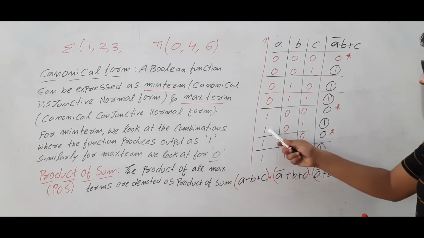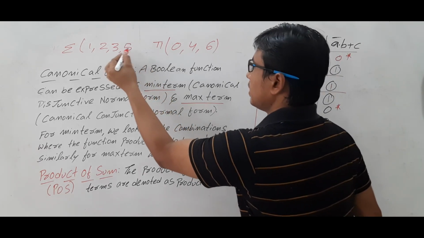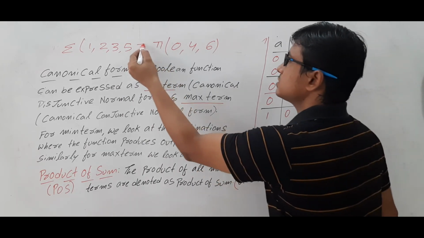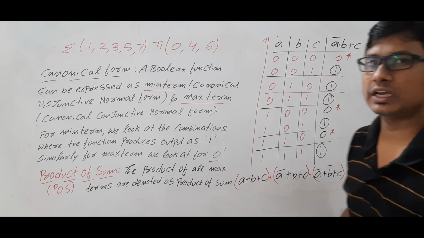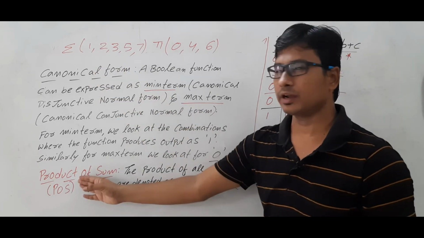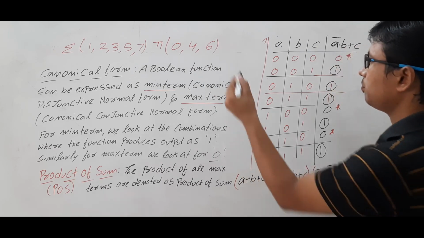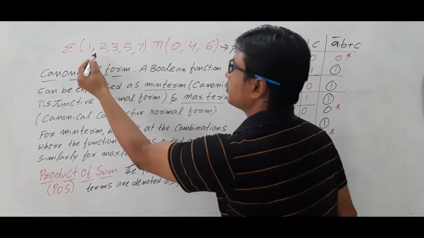So now it is 1, 0, 1, which is equal to 5. And then again 1, 1, 1, which is equal to 7. So for this function, either we can represent in the product of sums or in the sum of products. So this is for product of sums, POS, and this is sum of products.